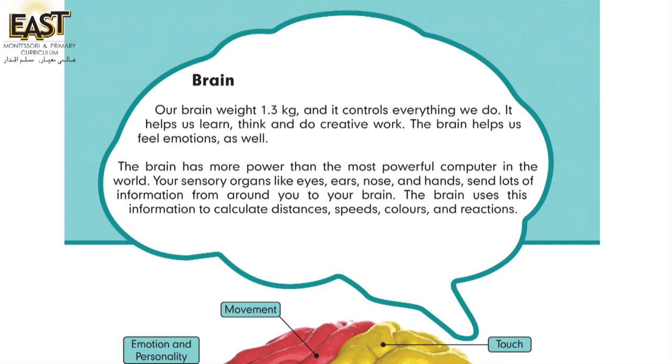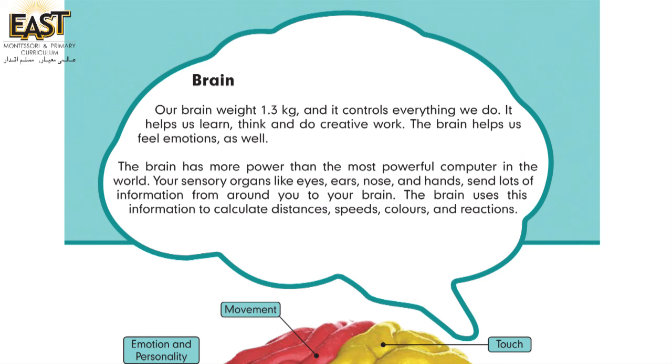Our brain weighs 1.3 kg, from here down to and reactions. Then look at this picture very carefully, where the movement is located in our brain. In other words, which part of our brain makes us do our movements, and when we touch something, which part of our brain gets activated.